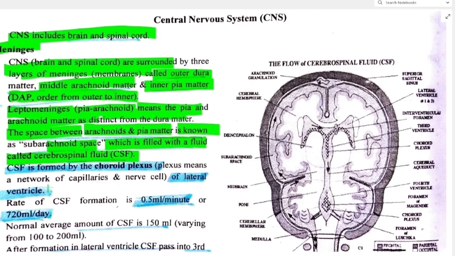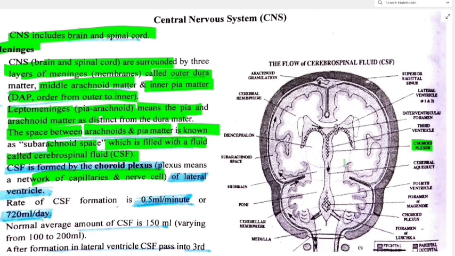Plexus means a network of capillaries and nerve cells of lateral ventricle. So what they are saying, that CSF formed by the choroid plexus. So let's see in the photo, then you will remember. See, this is the choroid plexus.